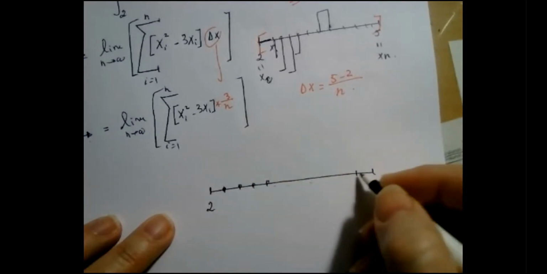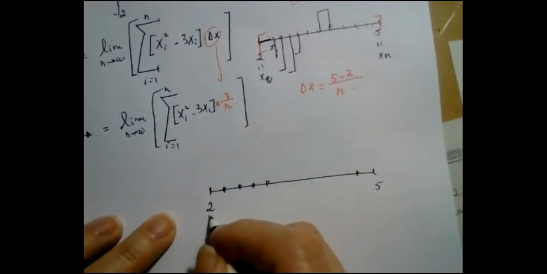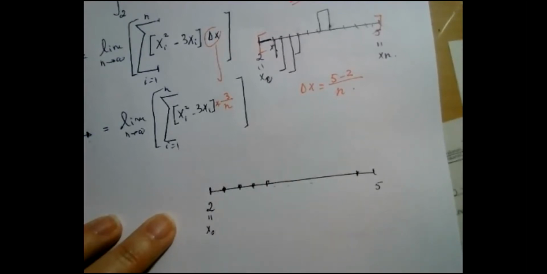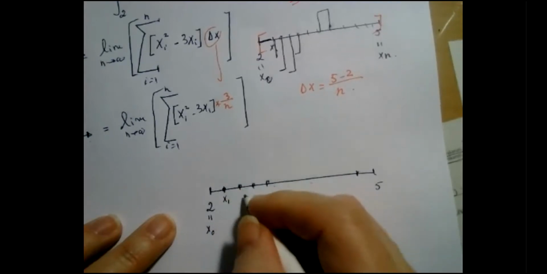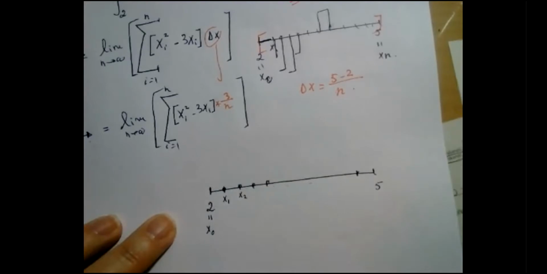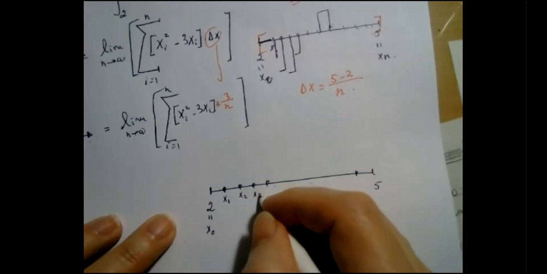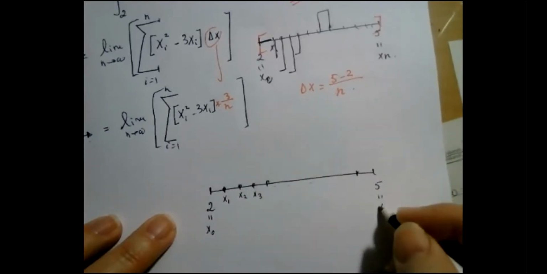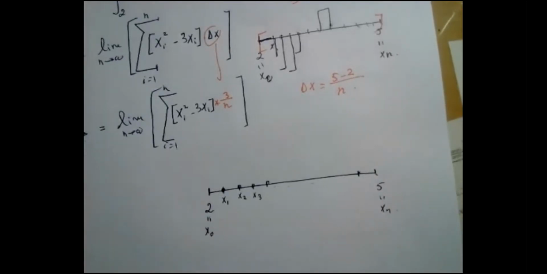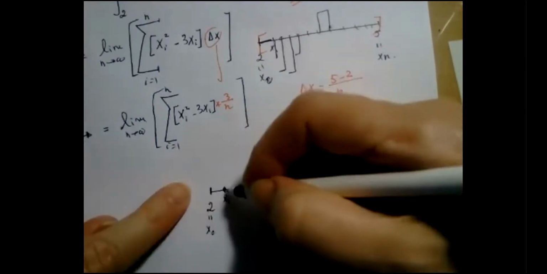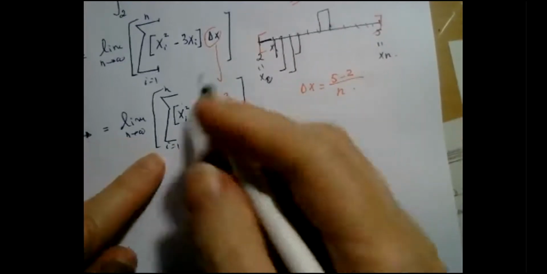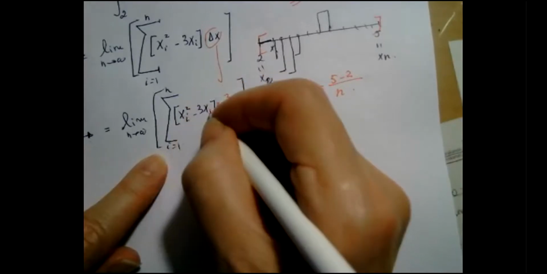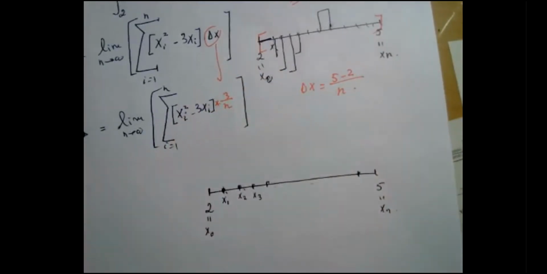This one I call x sub 0, this one x1, this x2. That's how I label those endpoints. We have to label them, otherwise nothing makes sense. And we start here, so that's my x1, x2. But when I write in sigma notation, this will become my xi.